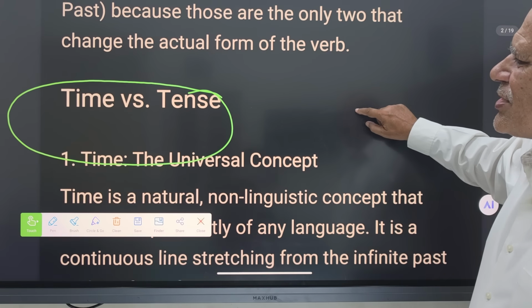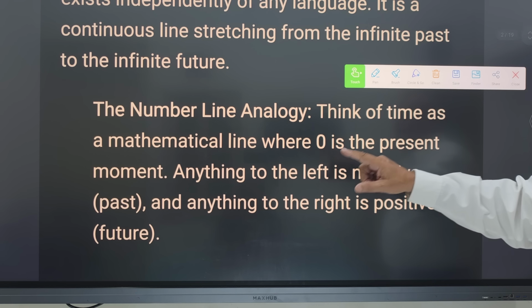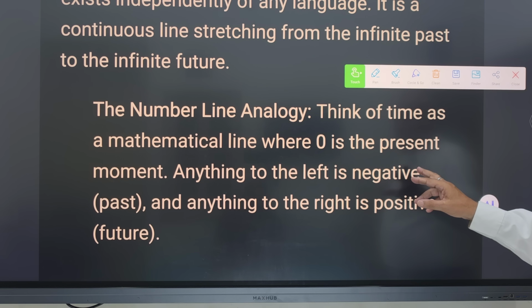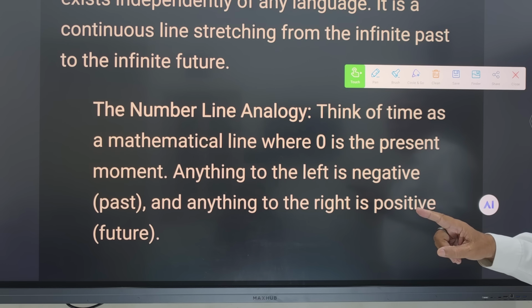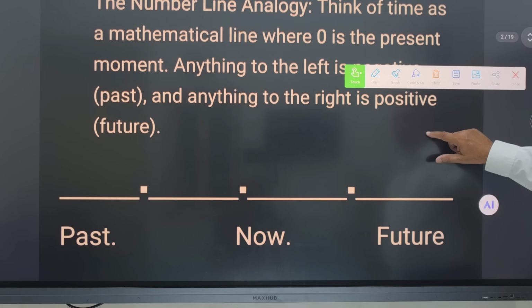You must have read in your classes about the number line in mathematics, so I am going to use that number analogy. Think of time as a mathematical line where 0 is the present moment, anything to the left is negative, which is past, and anything to the right is positive, which is future.